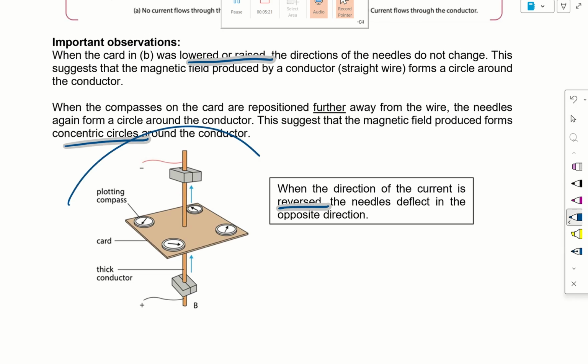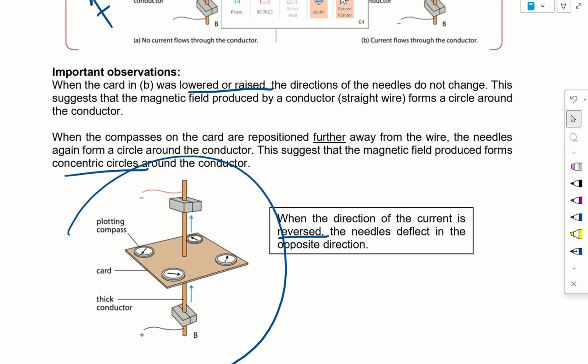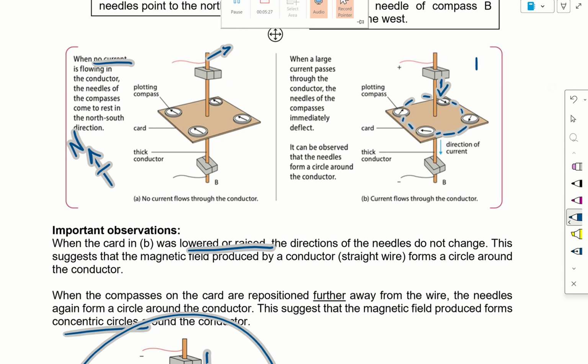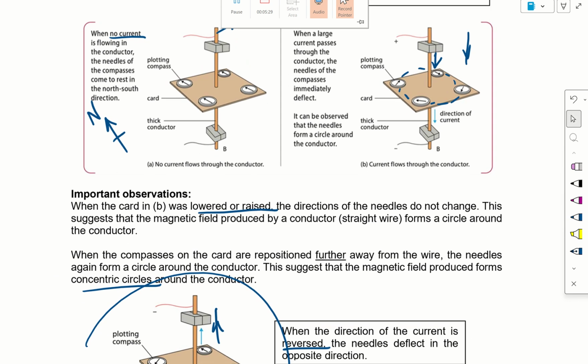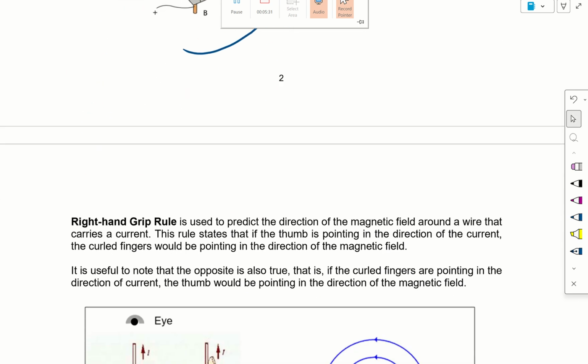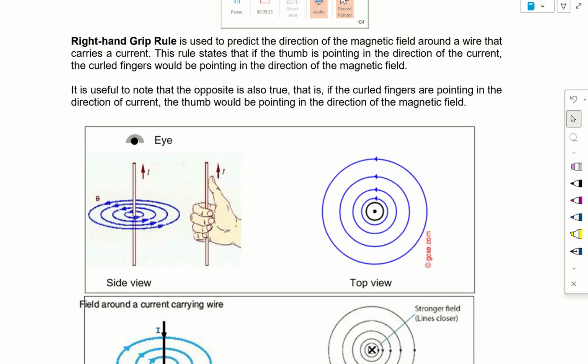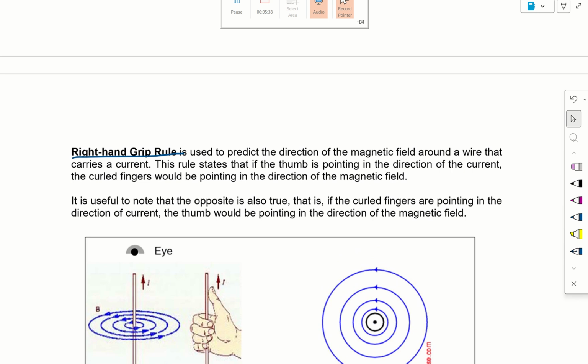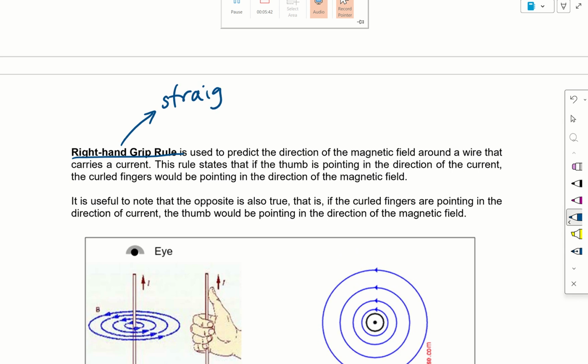If you compare this diagram, where the current is going to the top, versus this diagram where the current is going downwards, the direction of the compass changes. Is there a way to determine this? Yes, we can use the right hand grip rule, but take note, right now we are going to apply it to straight wire.